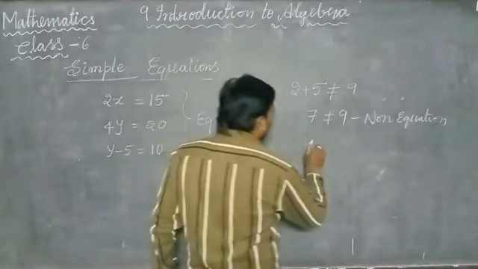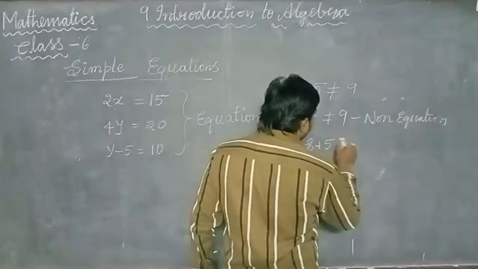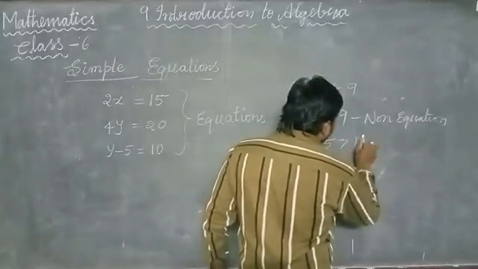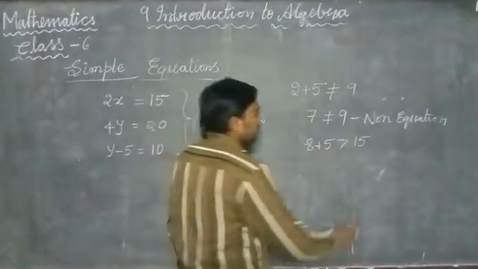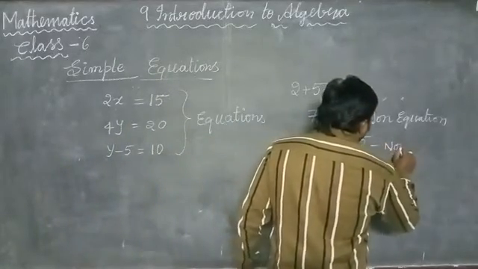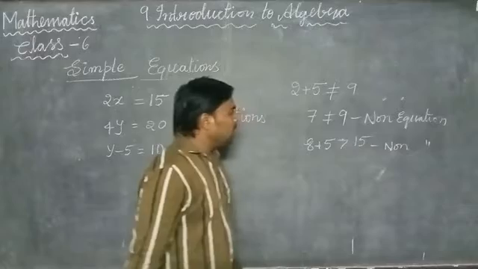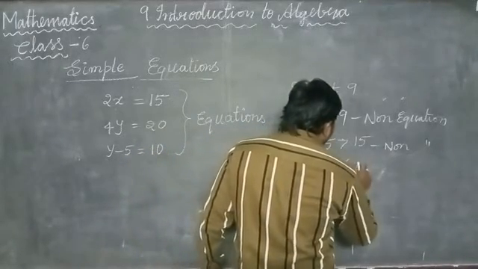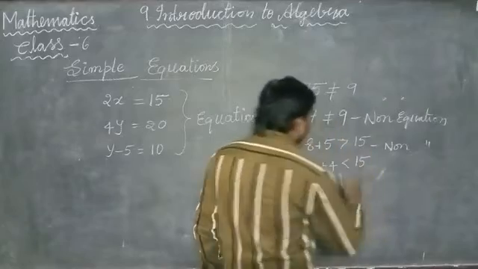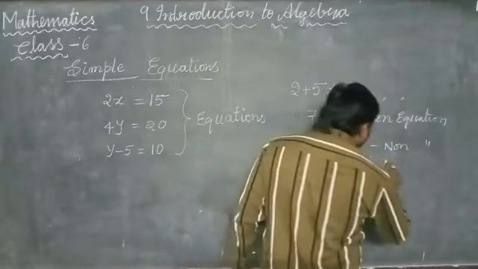Like 8 plus 5 is greater than 15. This condition is correct, but it is a non-equation. Like that, 6 plus 4 is less than 15. It is also a non-equation.